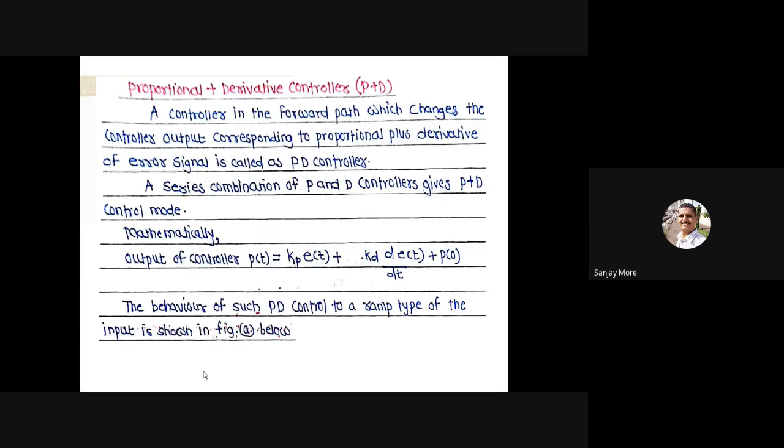Then next point is a proportional plus derivative controller. Okay. Write down the heading: proportional plus derivative controller, P plus D controller.